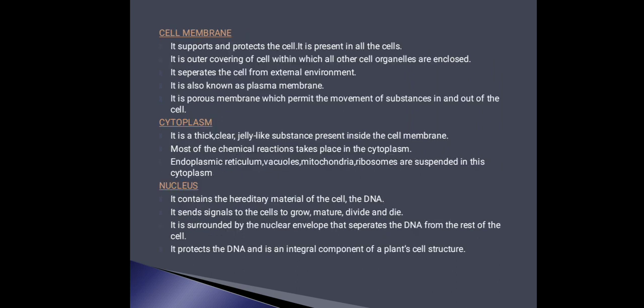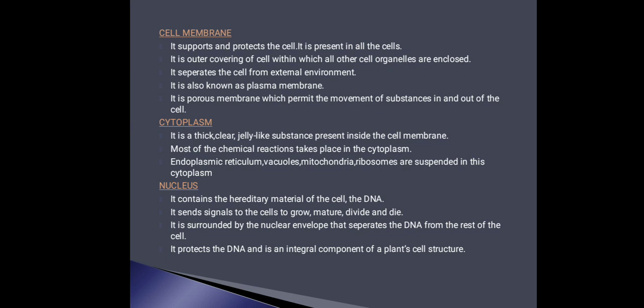Coming to the cell membrane, it supports and protects the cell. It is the outer covering of the cell within which all the cell organelles are enclosed. Actually, in animal cells the cell wall is absent, and only the cell membrane is present as the outer layer of the cell.